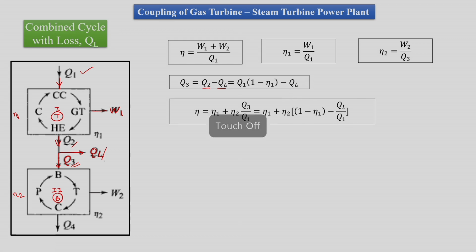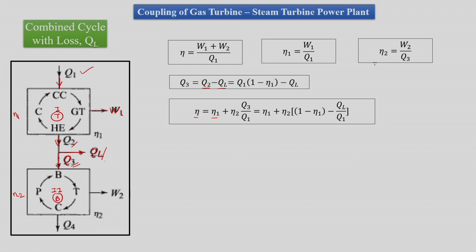So we can say that we have now eta is equal to eta 1, W1 upon Q1 is eta 1, plus eta 2 into Q3 upon Q1. W2 upon Q1 can be expressed as eta 2 into Q3 upon Q1.